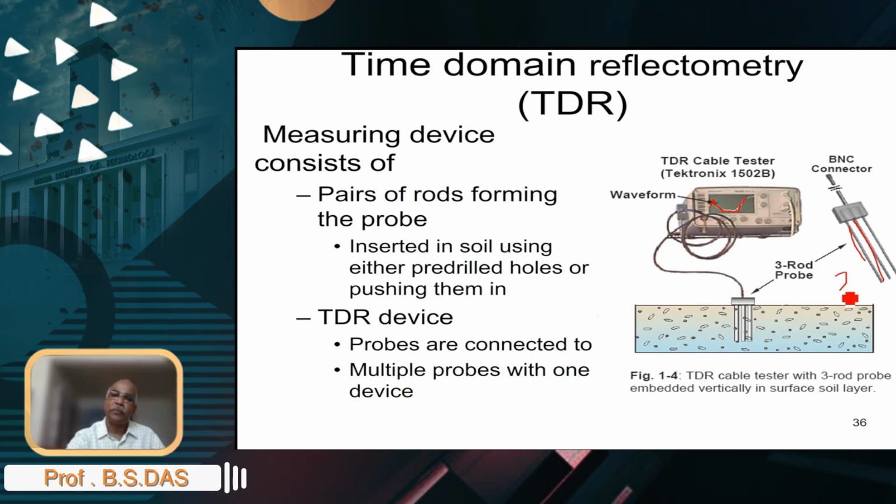That is how you have this twice L over T as the velocity of that pulse. So you can estimate this velocity, then take the ratio with the speed of light and square it, and you get the dielectric constant. And this used to be the scenario in the 90s, when we would just take this cable tester from the telephone industry to measure the soil wetness. But things have changed.